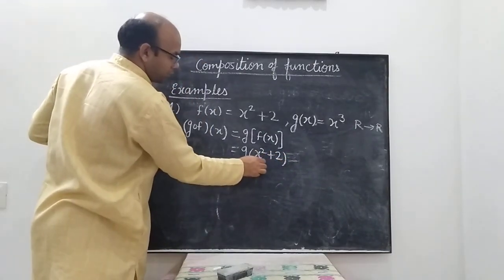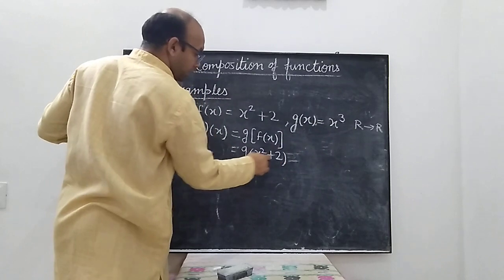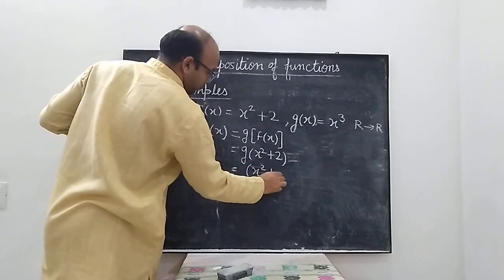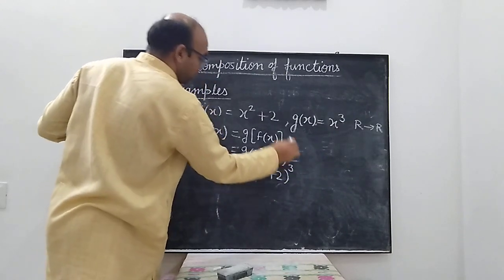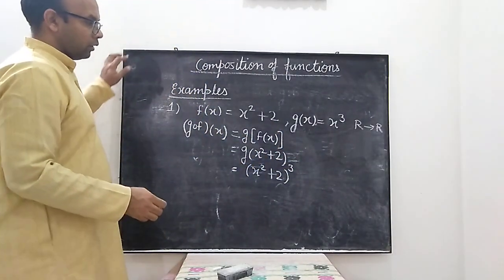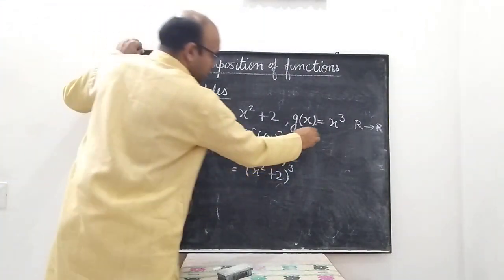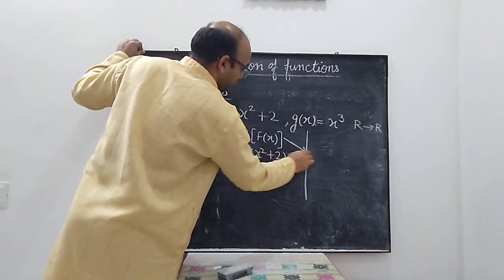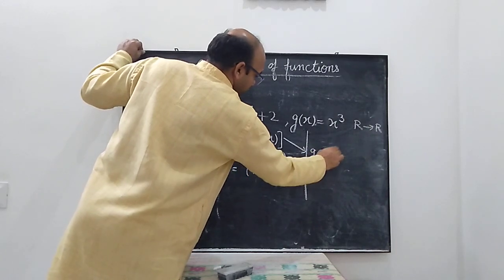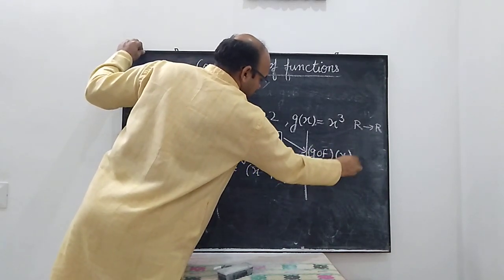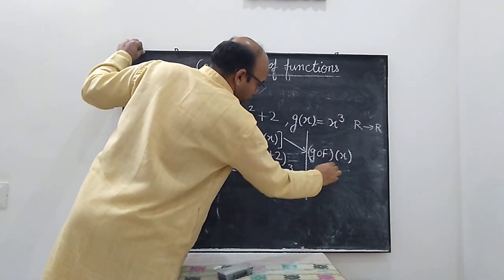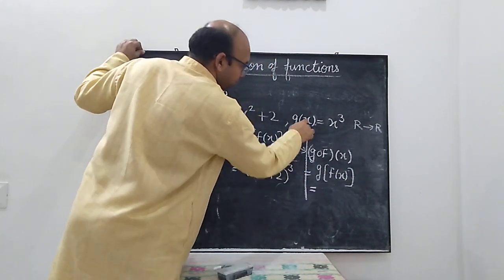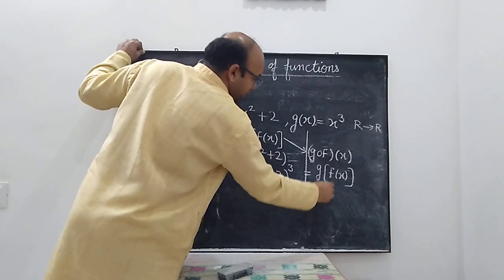Now in place of x over here we will be writing x square plus 2, so x square plus 2 whole cube. Some students, while finding gof of x, proceed like this: g of fx, and in place of x they first of all write fx.